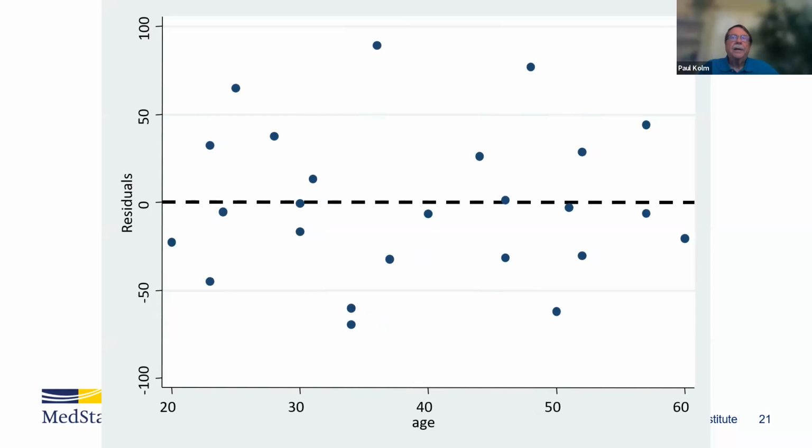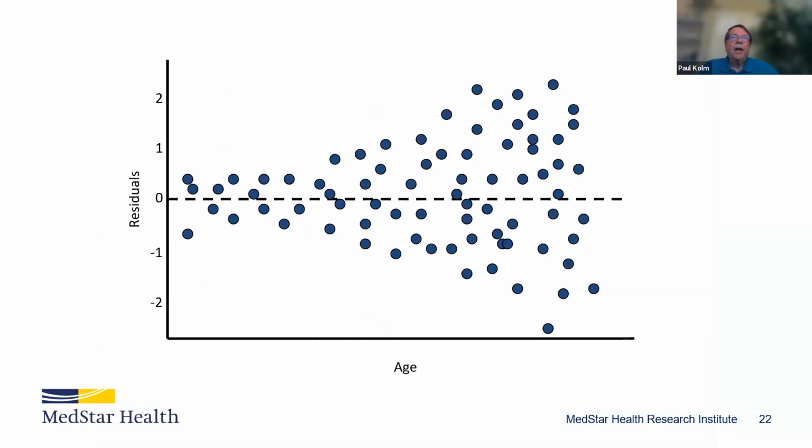On the other hand, if you do that and you get a plot that looks something like this, then we're kind of in trouble a little bit, because that means that we have an issue with variability. In this case, you can see with a younger age, the residuals are pretty good as far as being distributed about 0 residual mean.